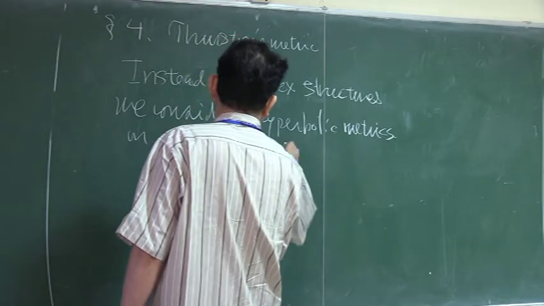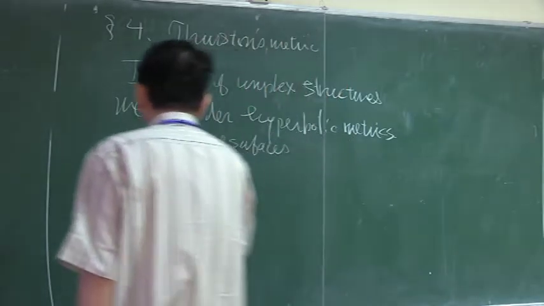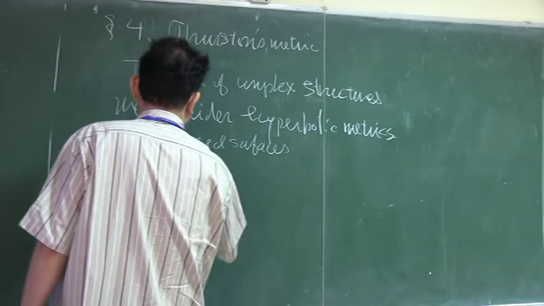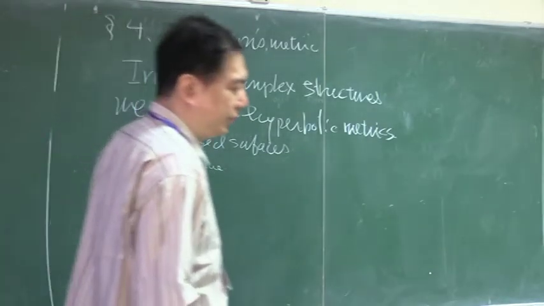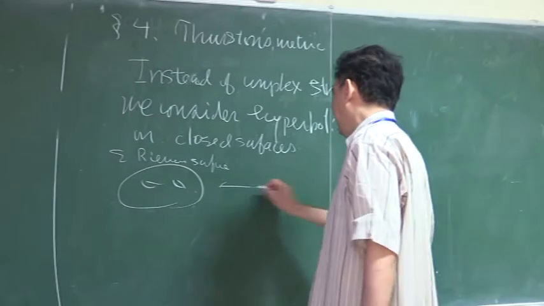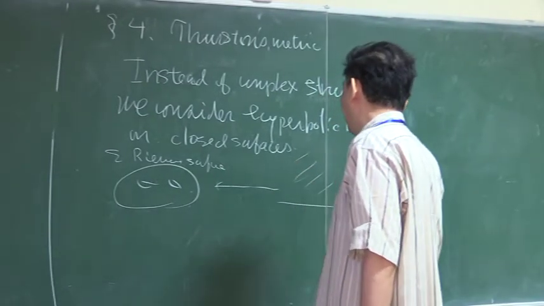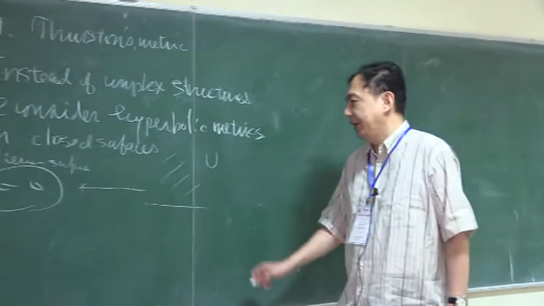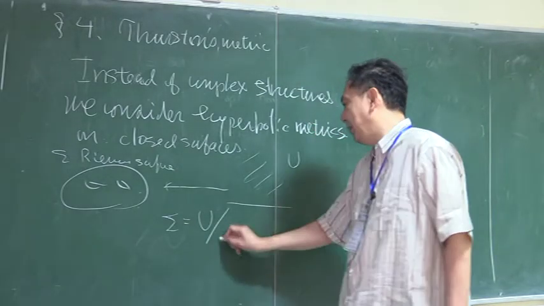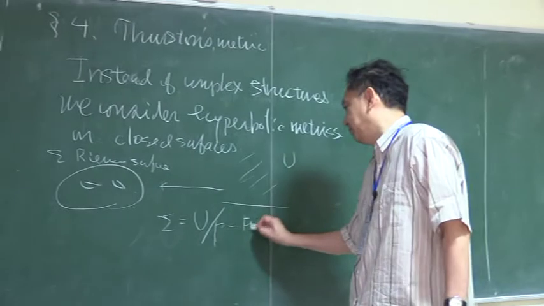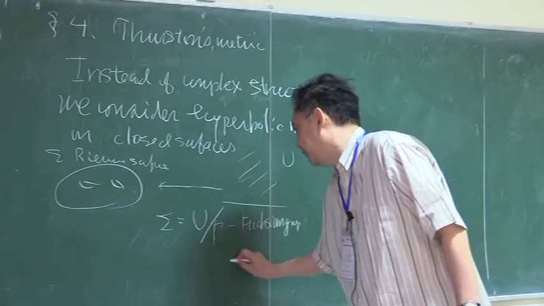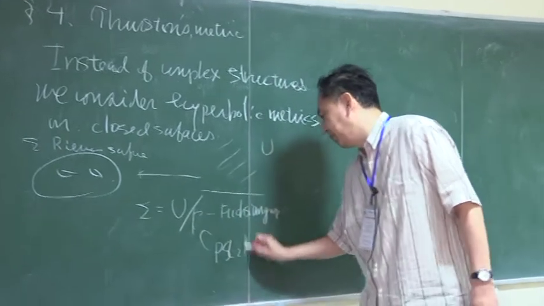By the uniformization theorem, if you have a Riemann surface sigma, and we are assuming that the genus is greater than or equal to 2, then its universal cover is the upper half plane. And this sigma is the quotient of the upper half plane by some discrete group, which is called the Fuchsian group. That is a discrete subgroup of PSL2R.